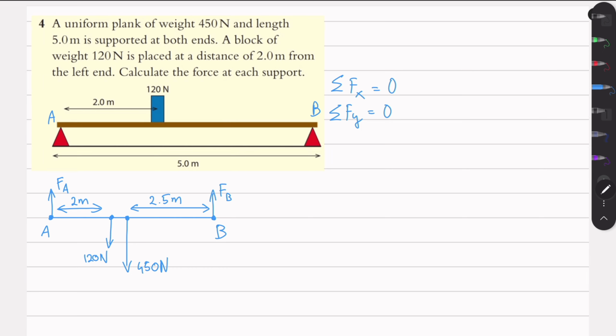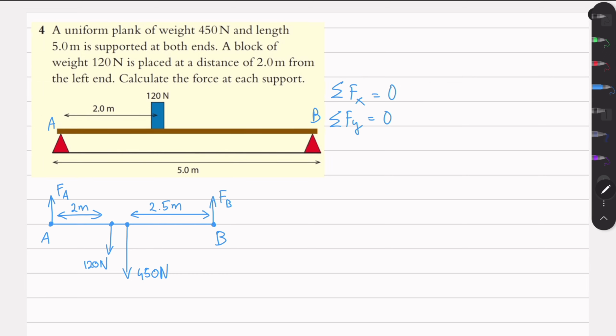Now here we have no x forces, so this equation isn't so useful for us. However, for the y forces, we have a positive Fa and a positive Fb, as they're pointing upwards, and then we have a negative 120 newtons and a negative 450 newtons. So from this, we can see that Fa plus Fb is equal to 570.